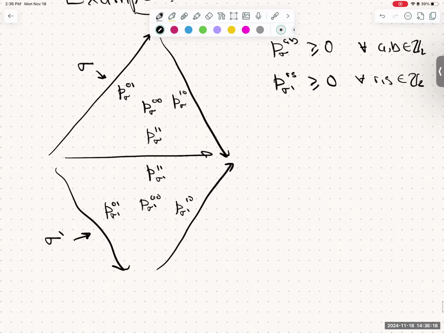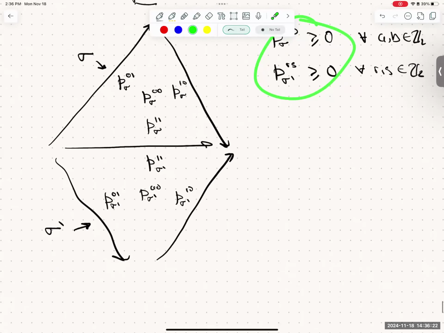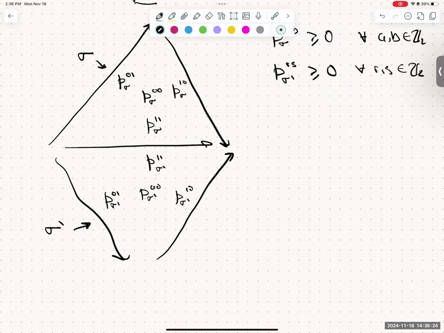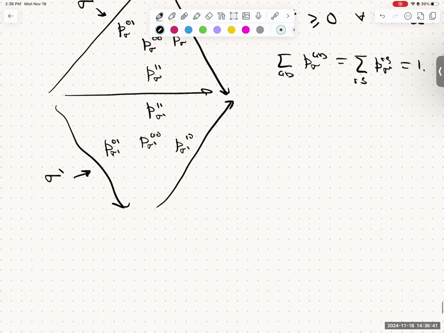Okay, so how many possible coordinates do I have in this case? There's 4 plus 4, there's 8. Then you have the normalization, the sum over AB of P sigma AB equals the sum over RS of P sigma prime. So that lowers our number of dimensions by 1 each.